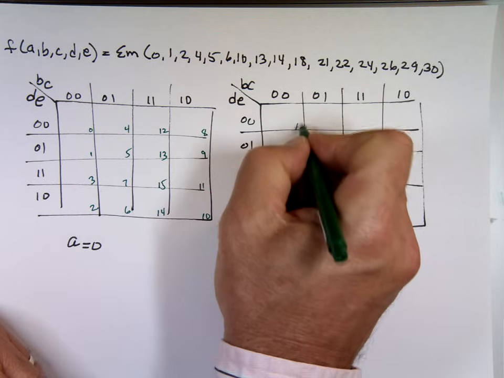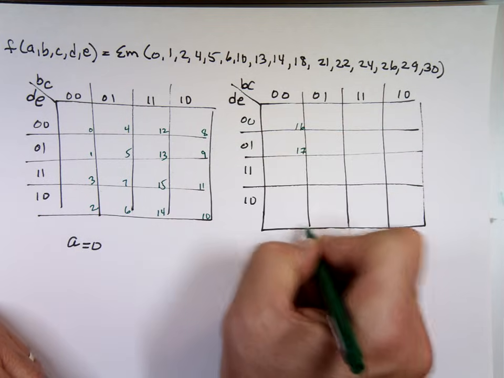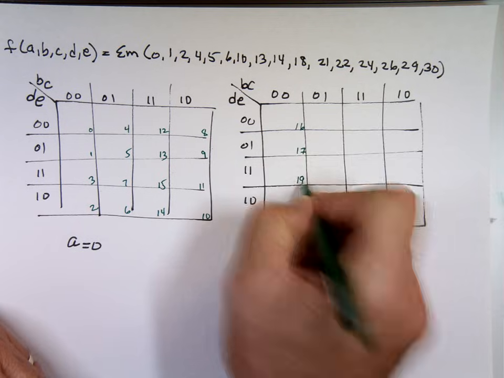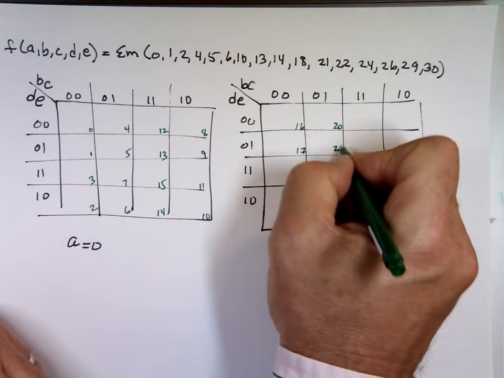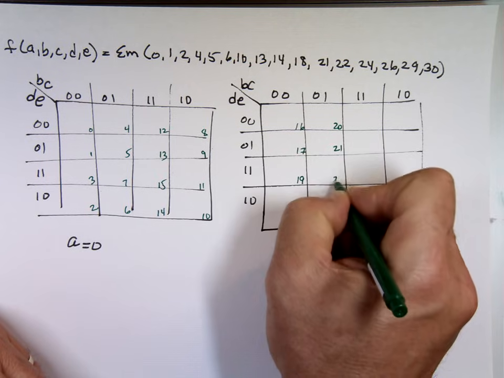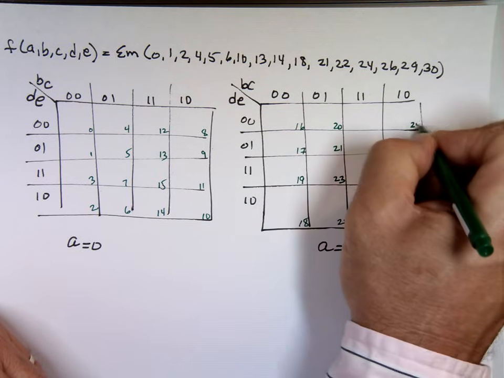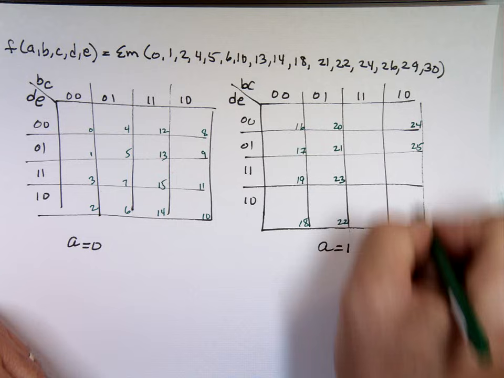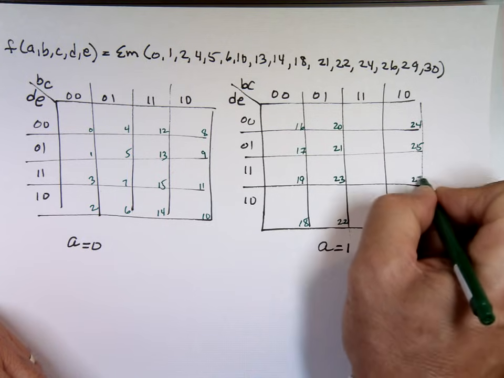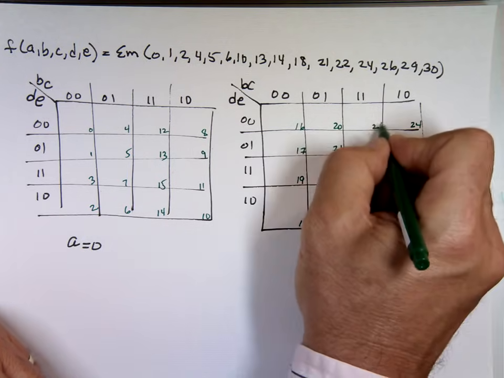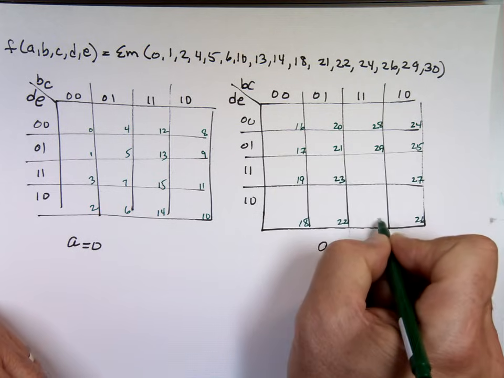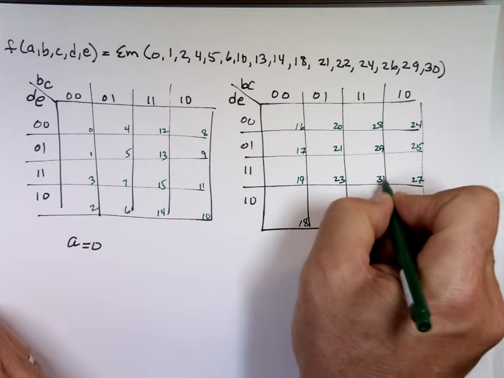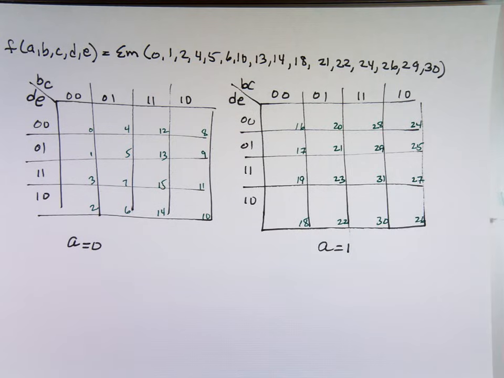This becomes 16, 17, 18, 19, 20, 21, 22, 23, 24, 25, 26, 27, 28, 29, 30, and 31. So the left one is for the first 16 of them because A is 0. The second group, when A is 1, that's the last 16.